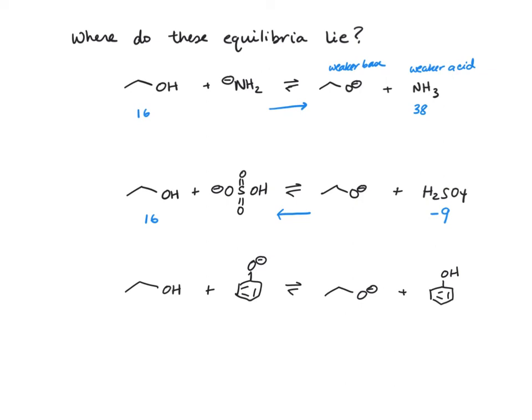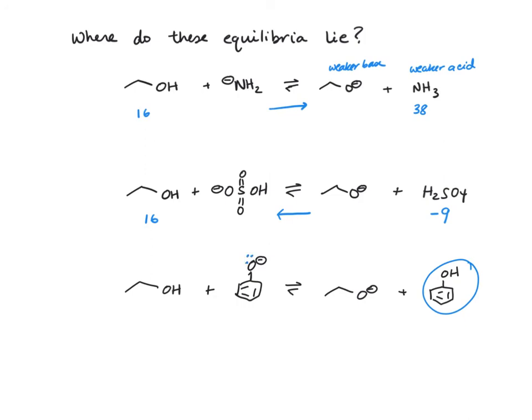Then in our final example, we're comparing ethanol and phenol. And you should know without even looking at the table that phenol is going to be more acidic than ethanol because of this sp2 hybridized carbon.